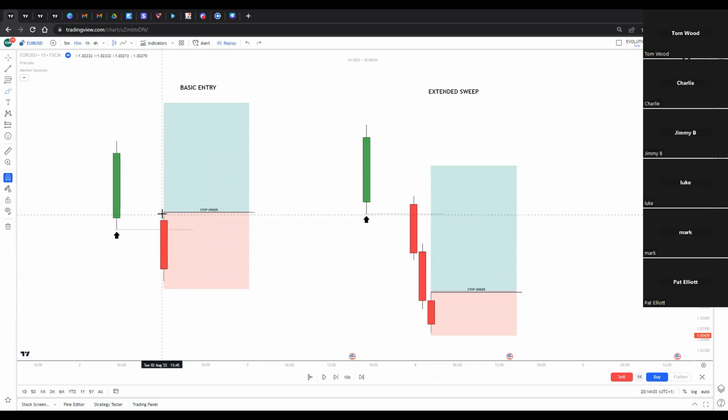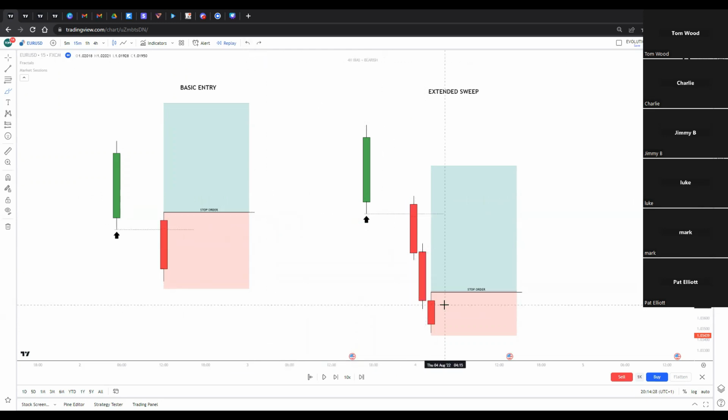If you were to move over now to the extended sweep, if we've got that same scenario where we've got this particular candle, previously our entry would be on the high of this 15-minute candle, but you'll notice sometimes we keep pushing lower even after the liquidation of this.